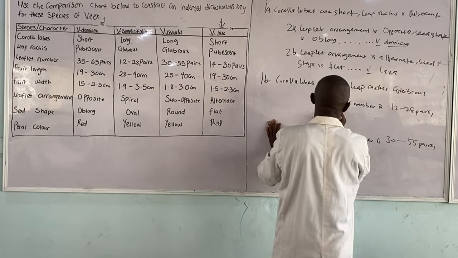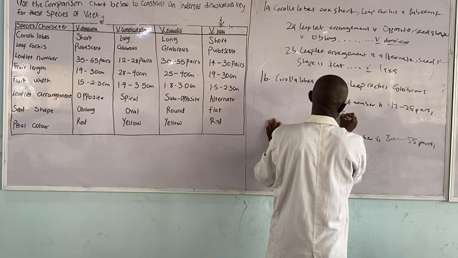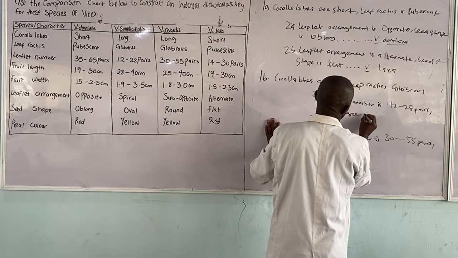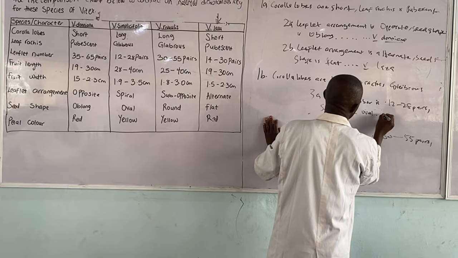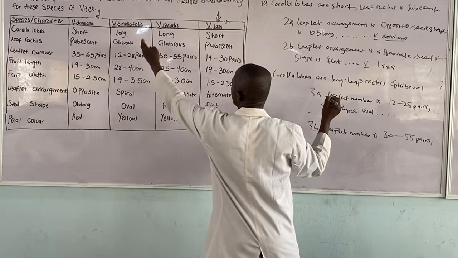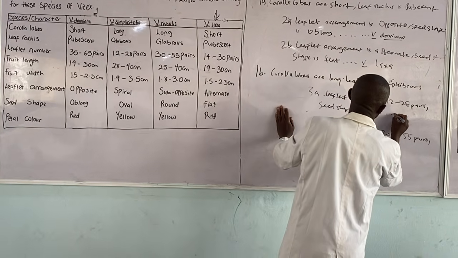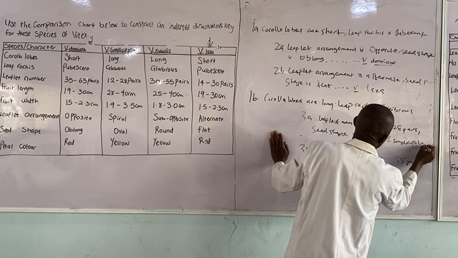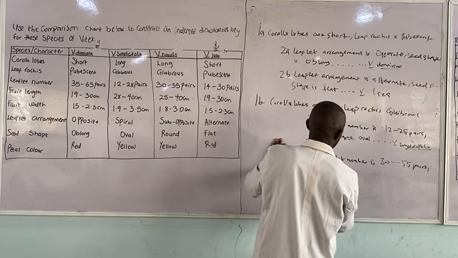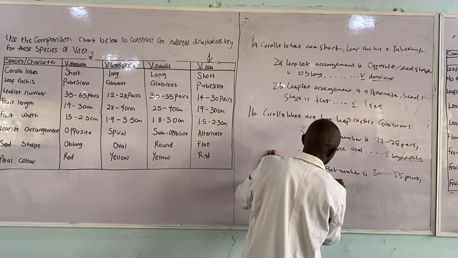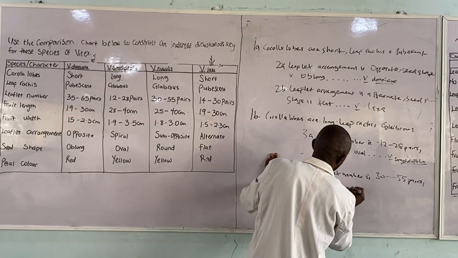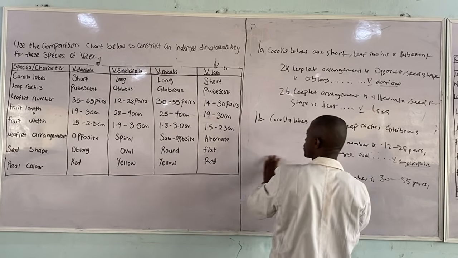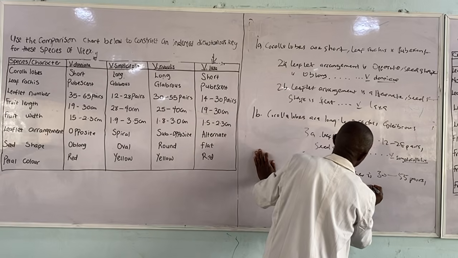So, seed shape is oval. That one is V. foliar. Then seed shape is round.